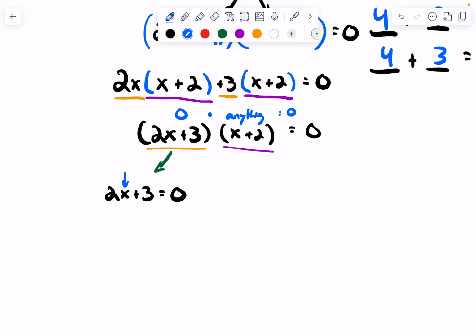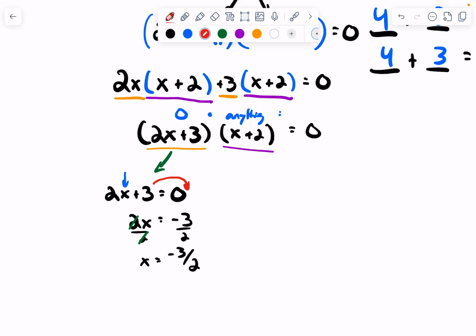So rearrange this formula here. We get 2x, bringing the 3 to the other side, equals minus 3. Then divide both sides by 2, and you get x equals minus 3 over 2.